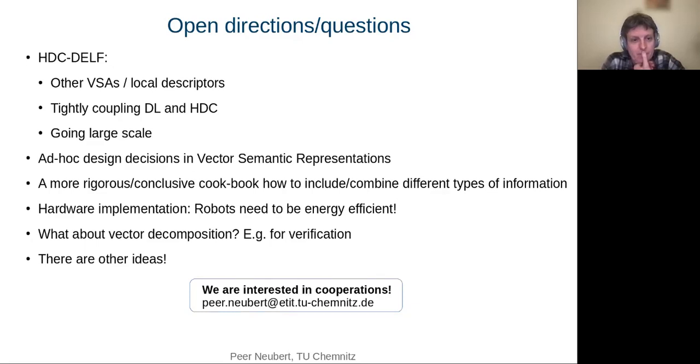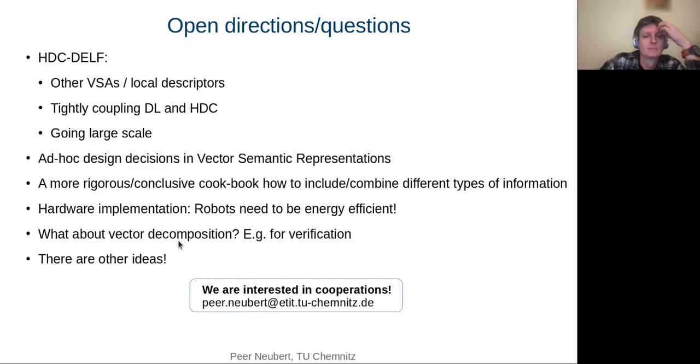Of course, robots need to be energy efficient, so hardware implementation would be very nice. Also, what about vector decomposition? So far, we take our local features and combine them into a holistic descriptor and use this holistic descriptor for comparison or for place recognition.